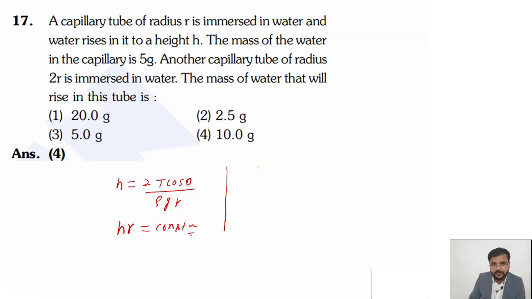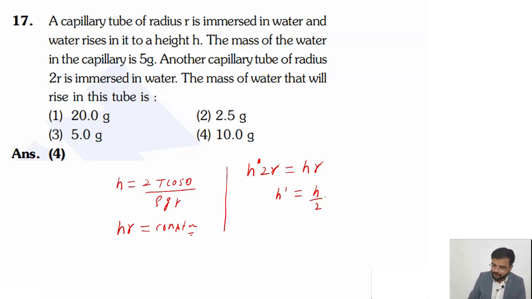For the other tube, the rising height of the water is h dash and the radius is 2r, so h dash times 2r equals h r. So h dash will be, r gets cancelled, h by 2. Means in the second tube, the water will rise till h by 2 height. So we get the rising height here.